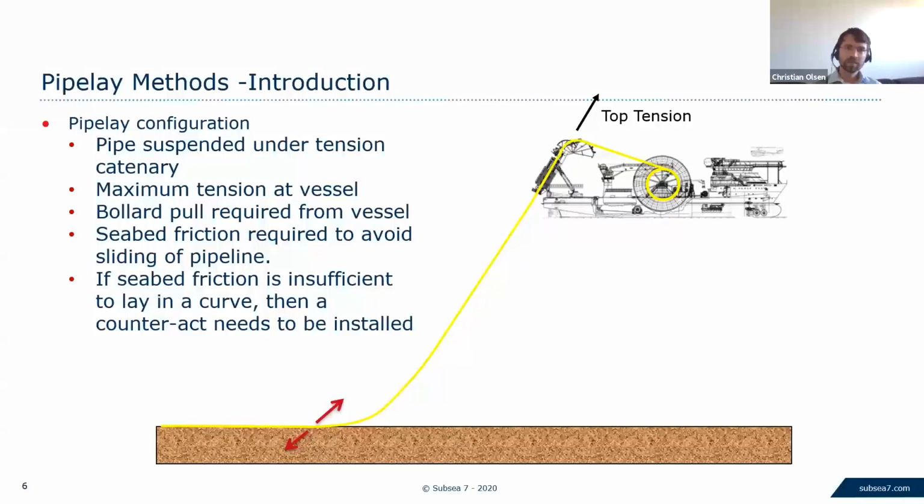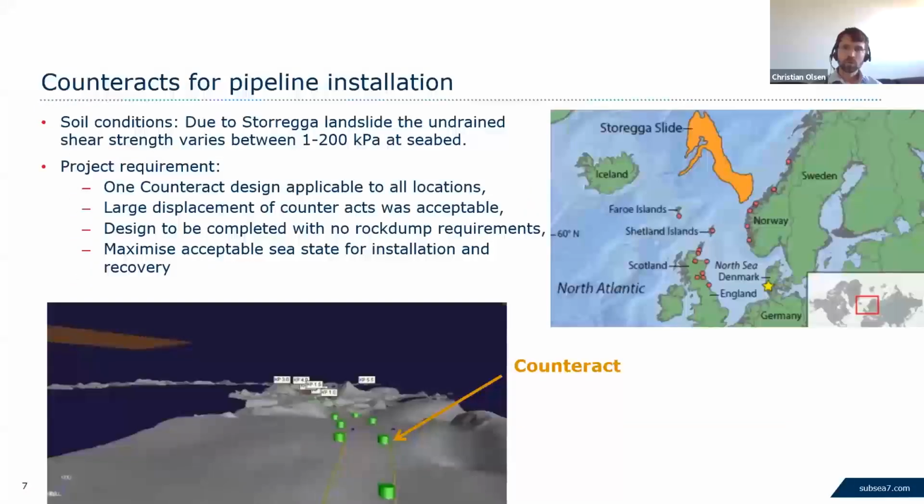So if the seabed friction is insufficient to lay in a curve, then you need to install something. We call those counteracts, and that's what we'll talk about here. This illustration shows the pipeline going along here in a curve, and to make sure we can install in this curve, we put in these counteracts.